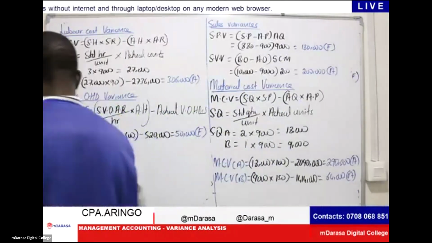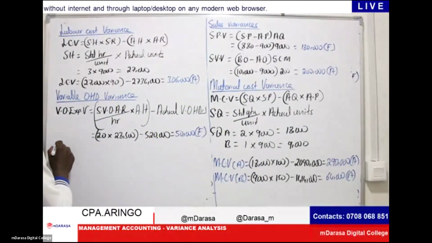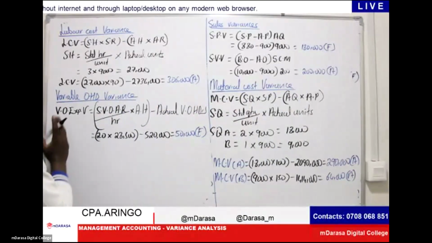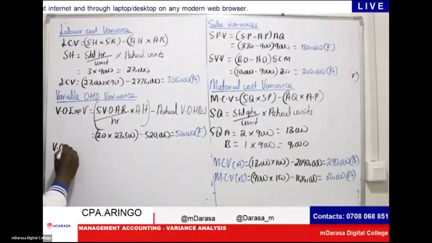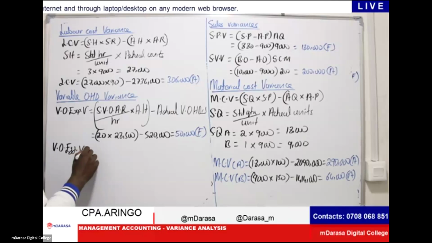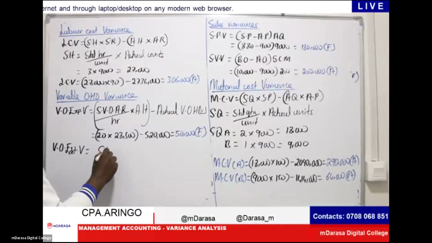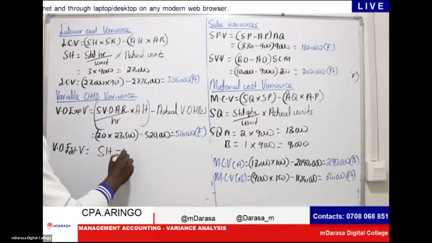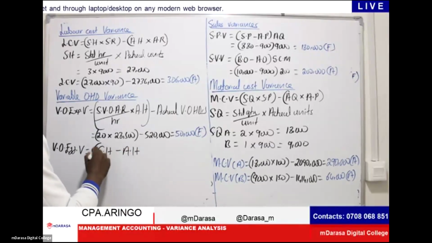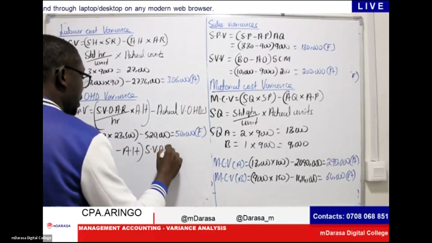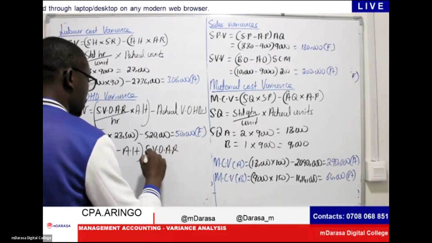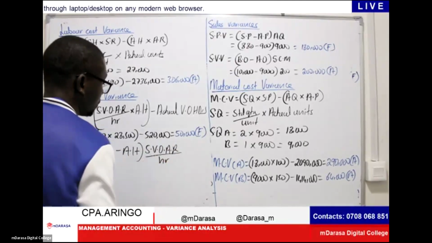What about efficiency? Variable overhead efficiency variance. We said we just compare our SH minus our AH, valued at our standard variable overhead absorption rate per hour.